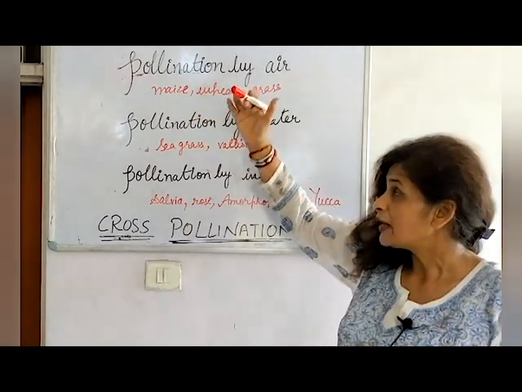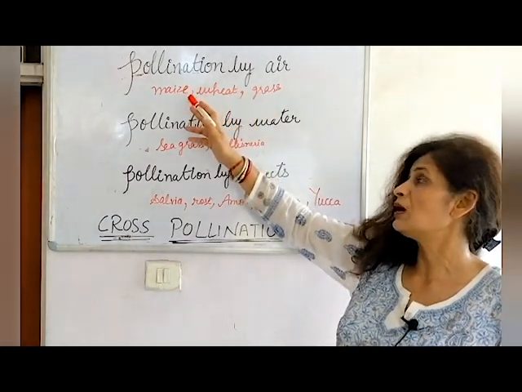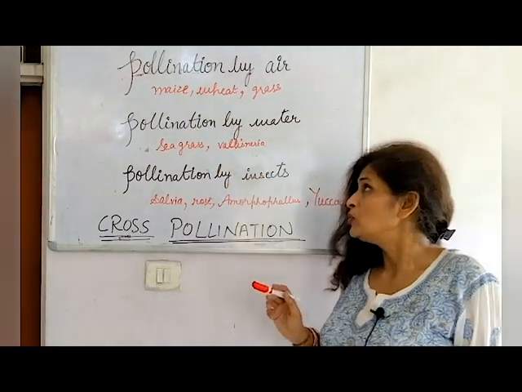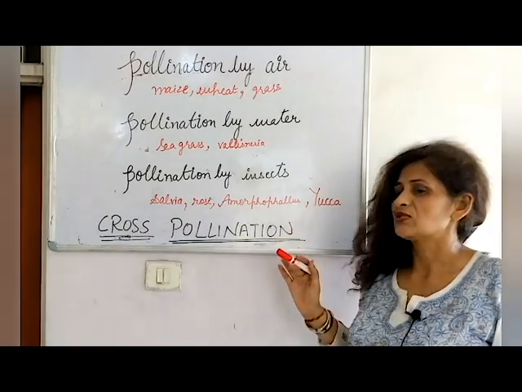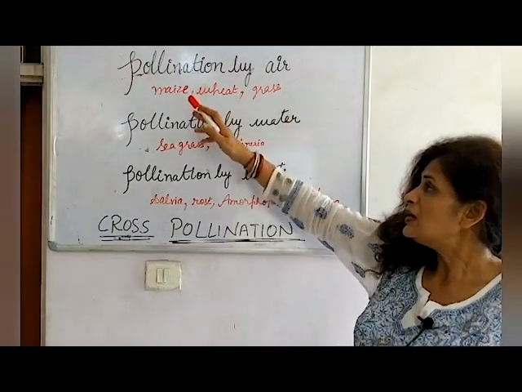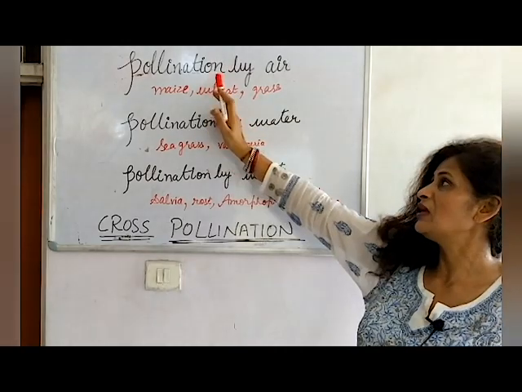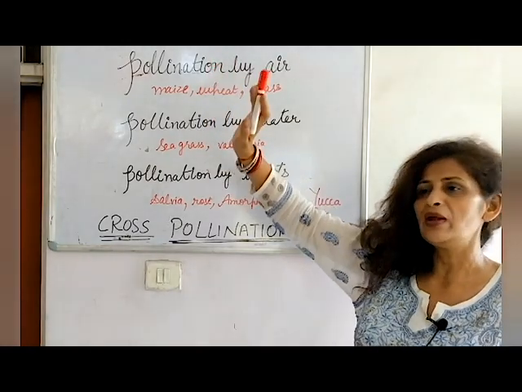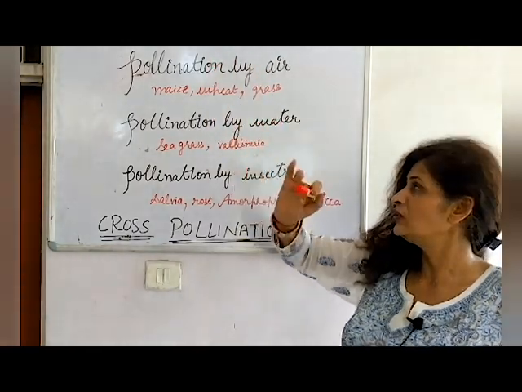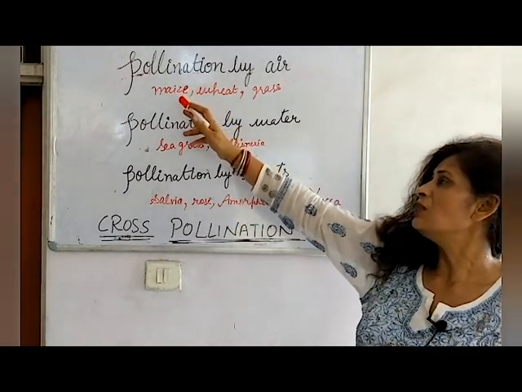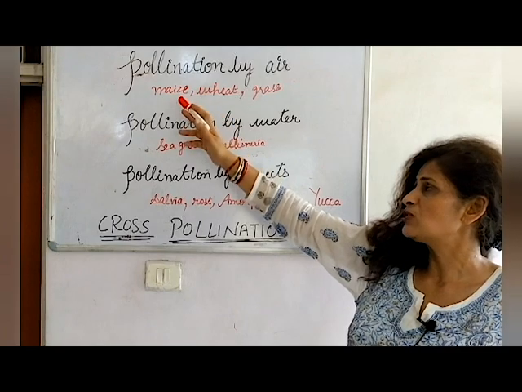And what are the adaptations in these plants which are pollinated by air? They produce pollen grains in abundance, like in millions, because when pollen grains are traveling by air, a lot of pollen grains get wasted on their way. Moreover, their anther and stigma position is also very specific.